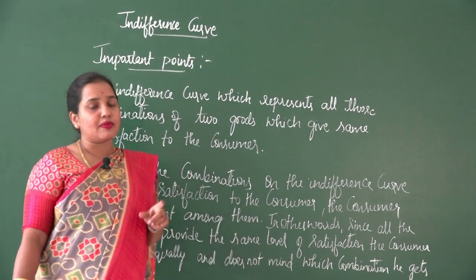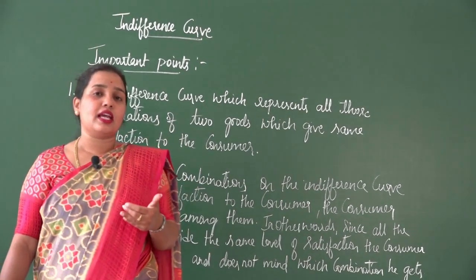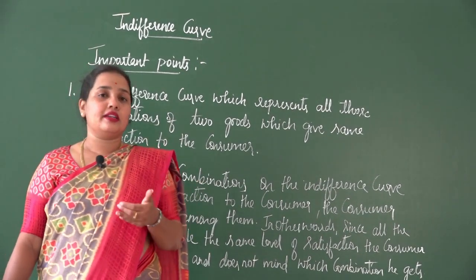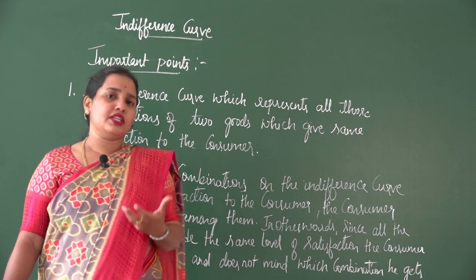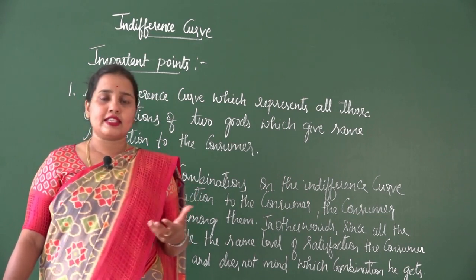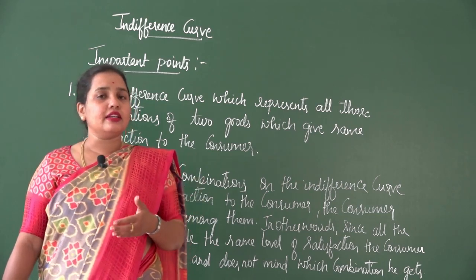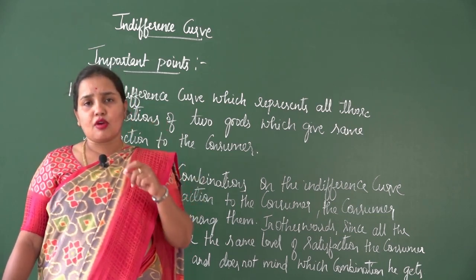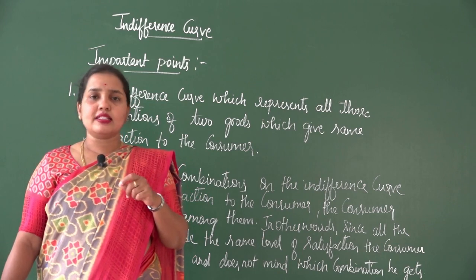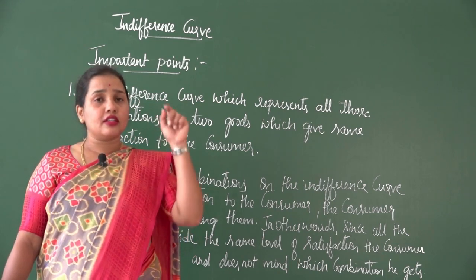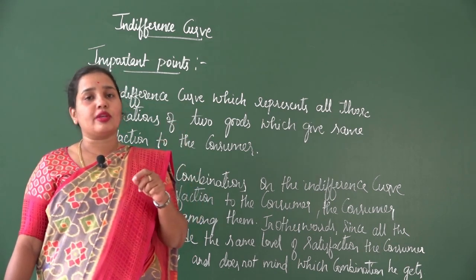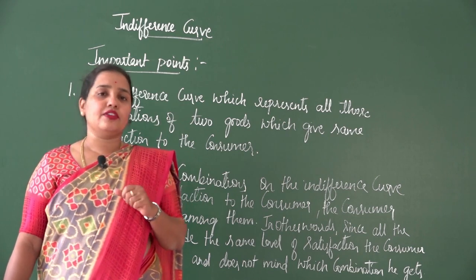We have understood this with the help of a schedule and diagram. Whatever combination of 2 goods he takes, we have taken 4 such combinations as A, B, C and D, and each of these combinations was giving him equal satisfaction. Therefore, the curve we get from joining all the points is called the indifference curve.